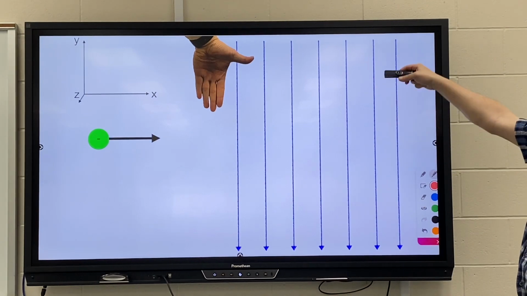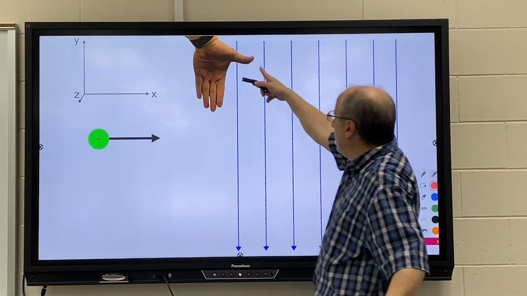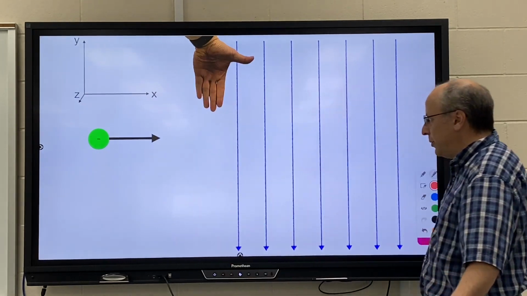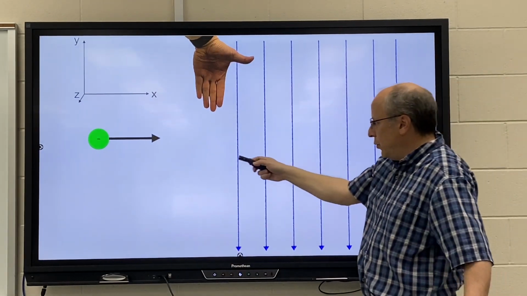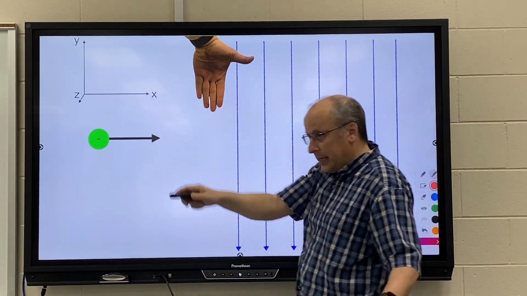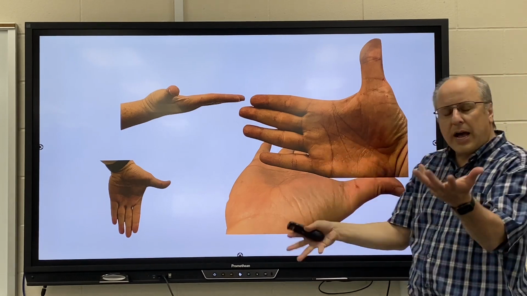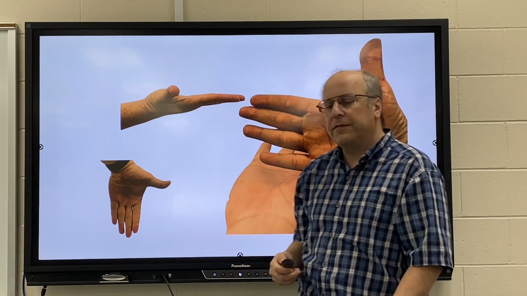Just like that. Fingers follow the field. Thumb follows the charge. Palm pushes toward you. So this charge would be deflected in this positive Z direction. Okay, you're going to have all kinds of different ways you might have to contort your hands. Again, right hand for positive charge, left hand for negative charge.